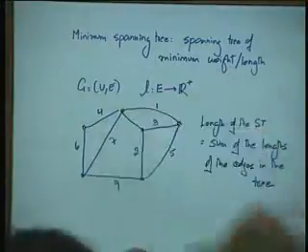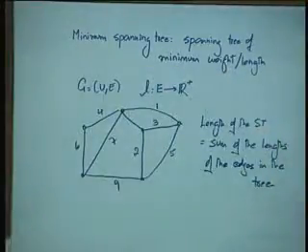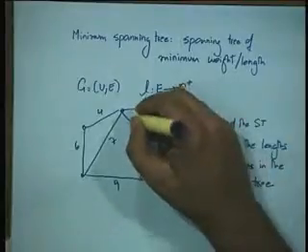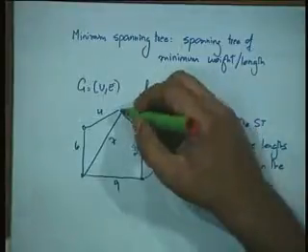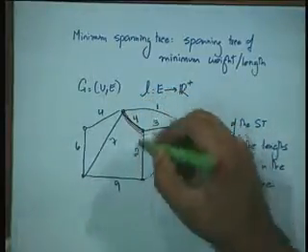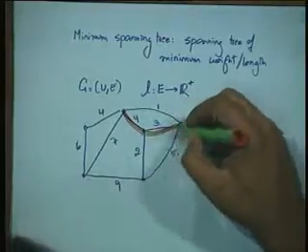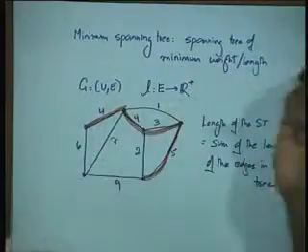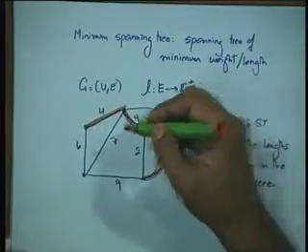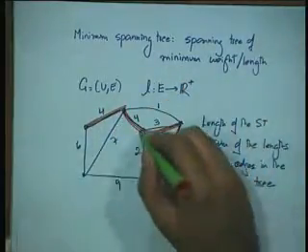I did not give this a length, so suppose I give this a length 4. Suppose I pick this edge and this edge and this edge and this edge and this edge.